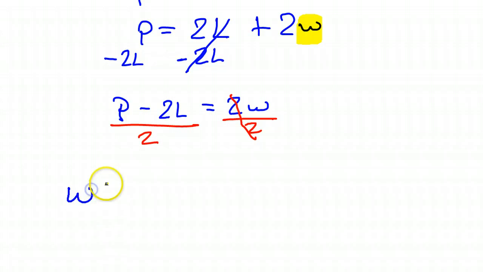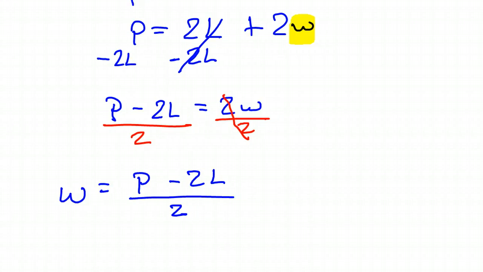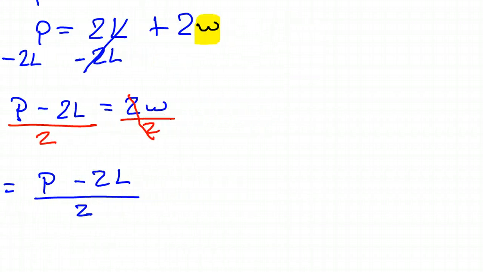So we now know that the width is equal to the perimeter minus 2 times the length, but all of that has to be divided by 2. Okay, so now they gave us an expression for the perimeter and an expression for the length. So I say we just substitute all that in.